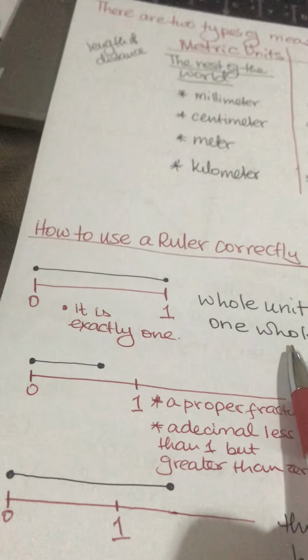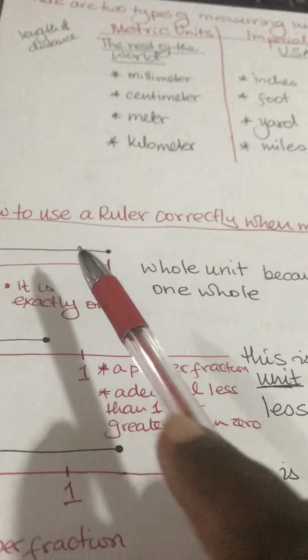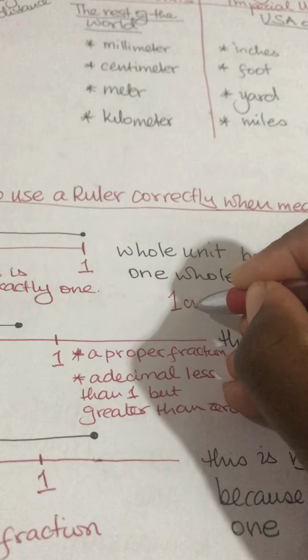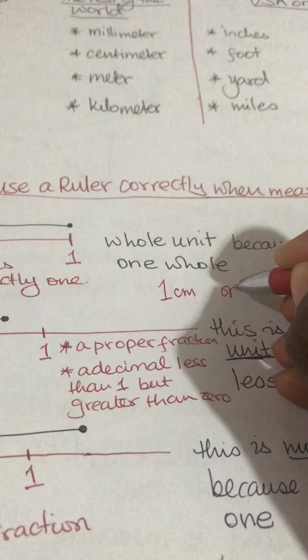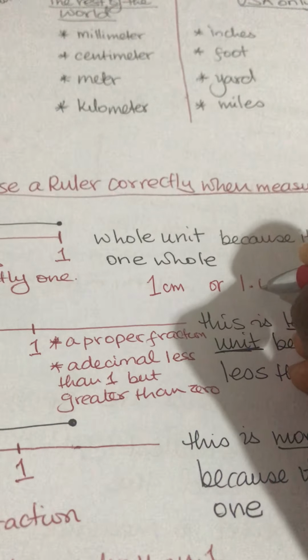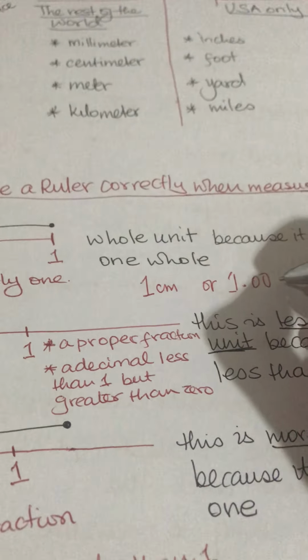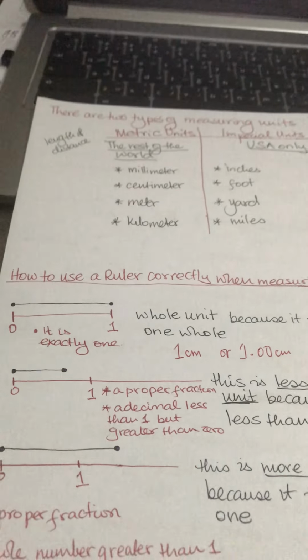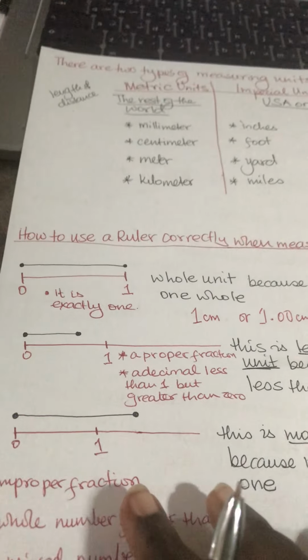So when you write this, you can write it as 1 centimeter, or you can say 1.00 centimeter, or meter, or whatever unit it is you're using.